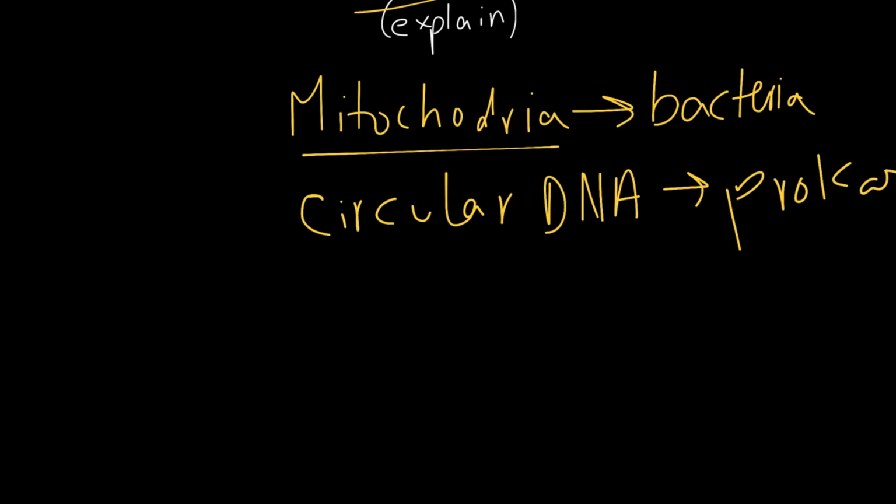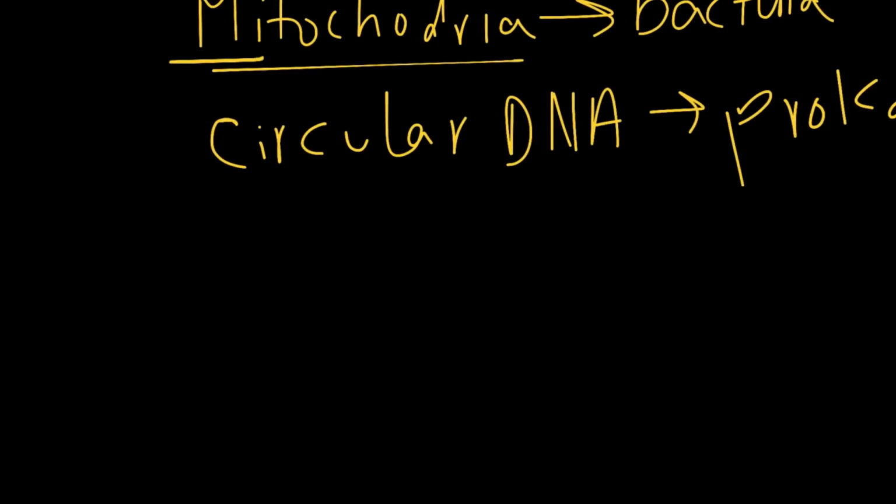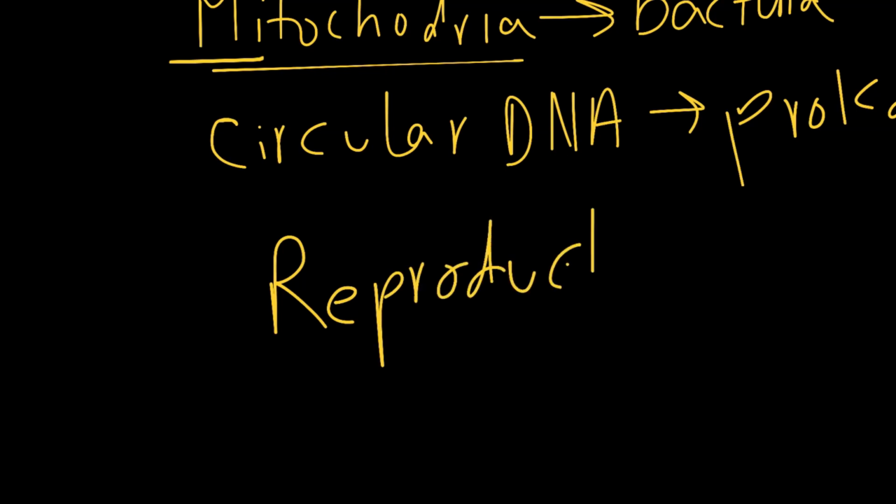Then it states the reproduction of mitochondria. This is not just mitochondria; it's similar for chloroplasts as well. But right now we're talking about mitochondria. The reproduction of mitochondria and chloroplasts occurs through fission, right?